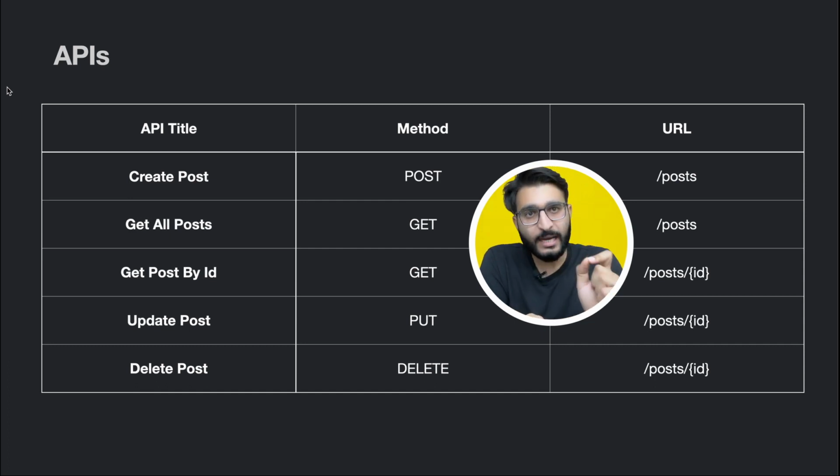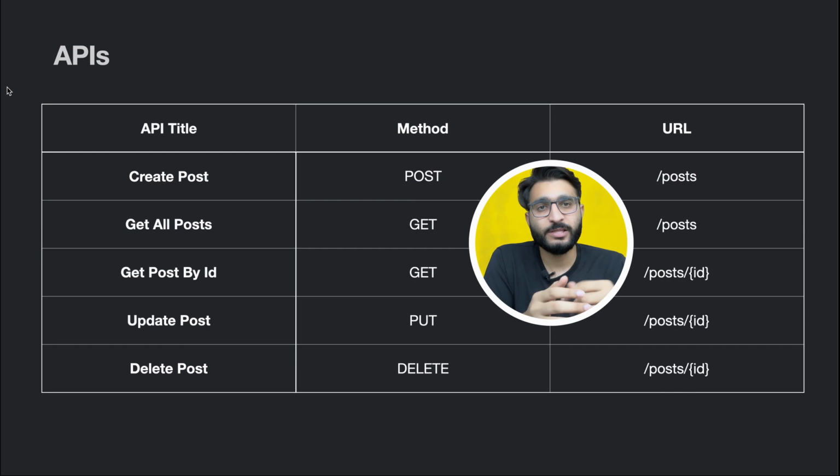These are the kinds of requests, right? When you save something in your database, it is known as a post request. When you get something out of the database, it is known as a get request. When you try to update something in the database, it is known as an update request, right? And when you try to delete something from the database, it is known as a delete request, right?